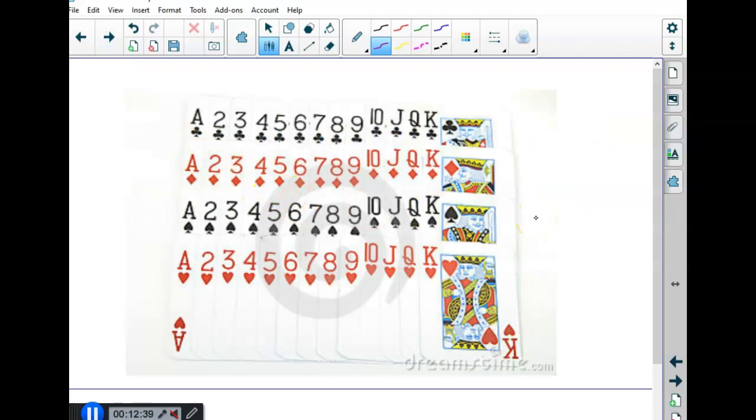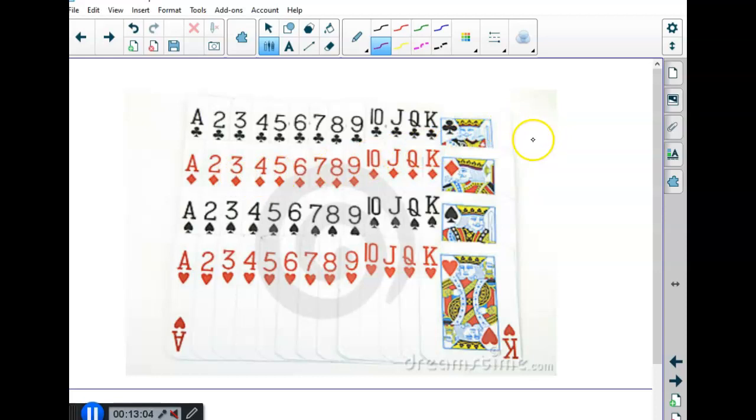A deck of cards are in our examples. I don't know that it's used in Delta Math. I know some of you, how many of you are not familiar with a deck of cards? Anybody gonna fess up? Most of you seem like you know something anyway. There are 4 suits, okay?